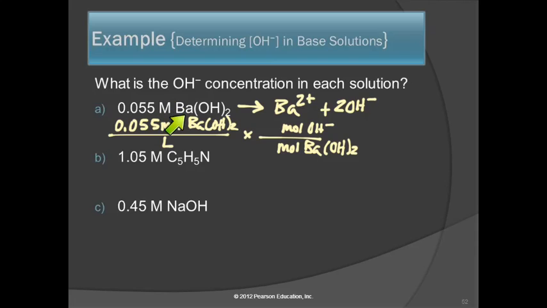From the chemical formula, we see that in each of these formula units, we have 2 OHs. So we'll get 2 moles of OH for every 1 mole of barium hydroxide. Or you can think of it from the balanced chemical equation, 2 moles of OH for every 1 of these. I'm not going to trust my brain to multiply that. 0.11 moles per liter, or molar, OH minus. Any questions?